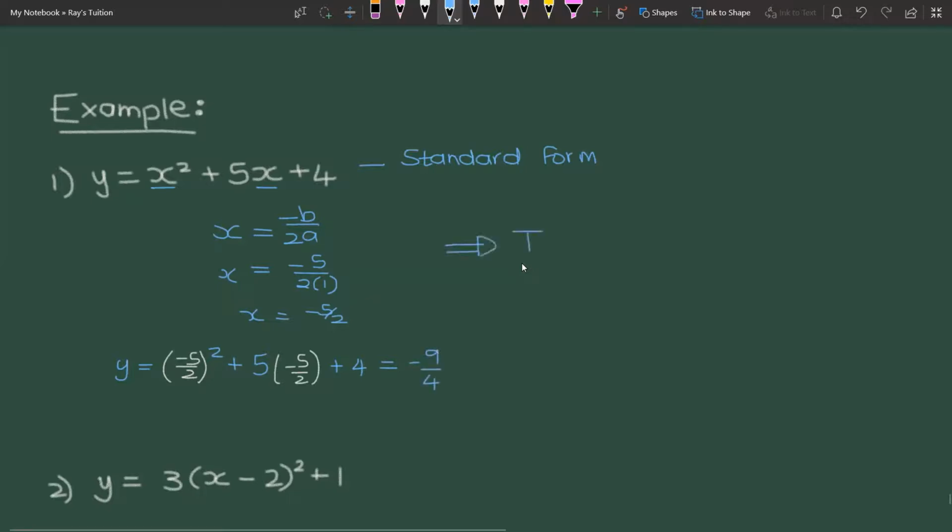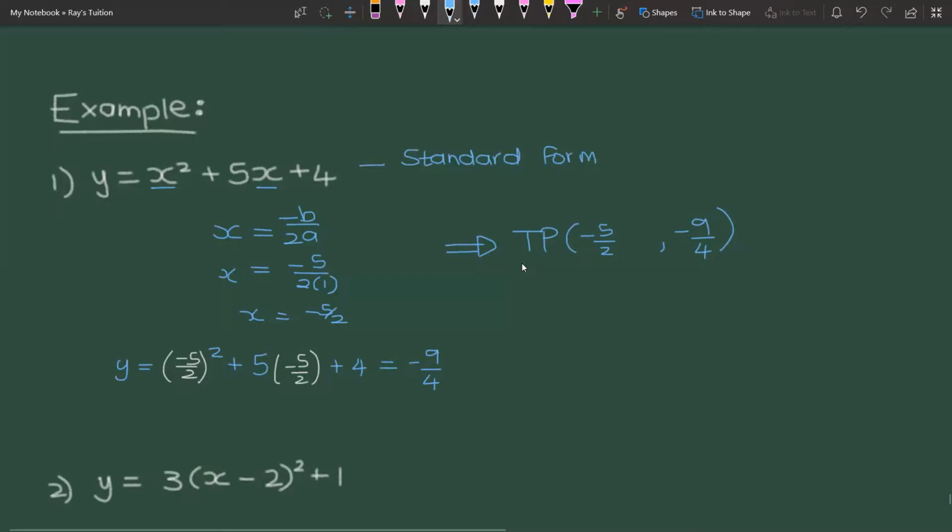Therefore, we have the turning point. It is minus 5 over 2, which is the x coordinate, and minus 9 over 4, which is the y coordinate. Quickly, does this graph have a minimum or a maximum? To tell whether it's a minimum or maximum, we look at the a value.